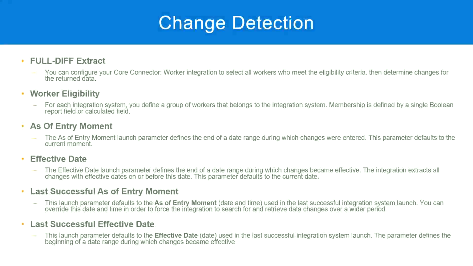Let me color code them. 1 is as of entry moment and it works with last successful as of entry moment. Then we have effective date and that works with last successful effective date. These are in combination. They work in combination.